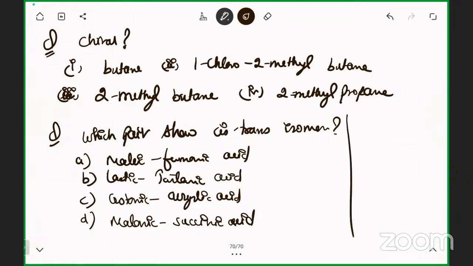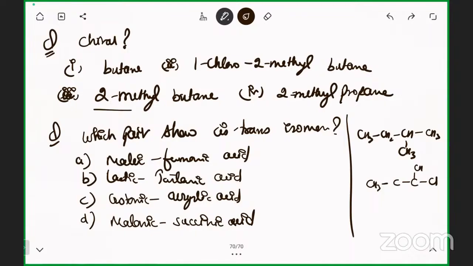How can third be correct? See, butane means 4 carbon and 2 methyl is present. CH3, CH, CH, we have CH3, then we have CH3. And if I go over the second one, butane, CH3, 1-chloro 2-methyl, Cl, and we have here CH3.